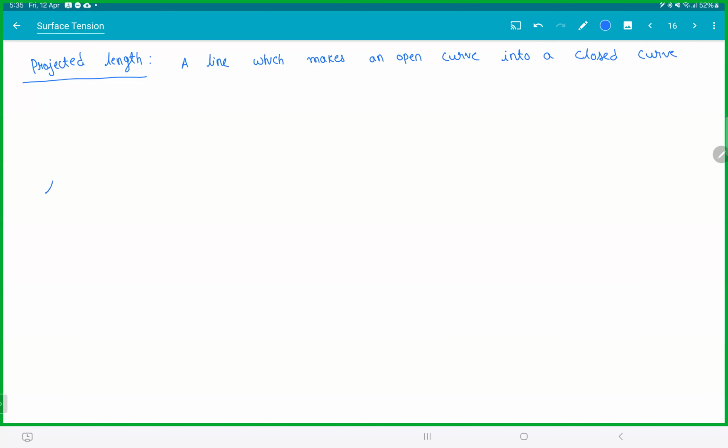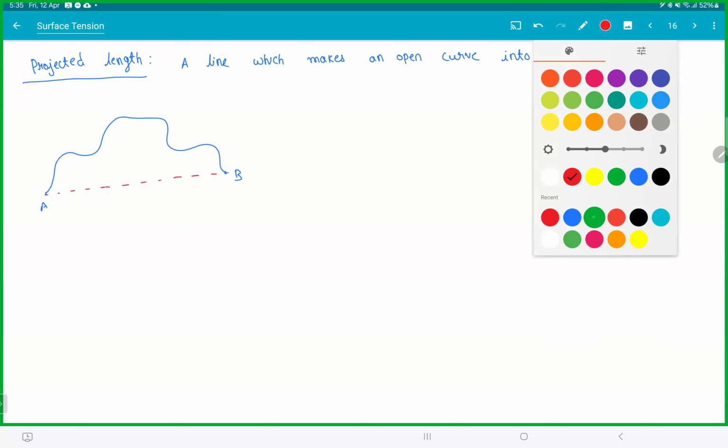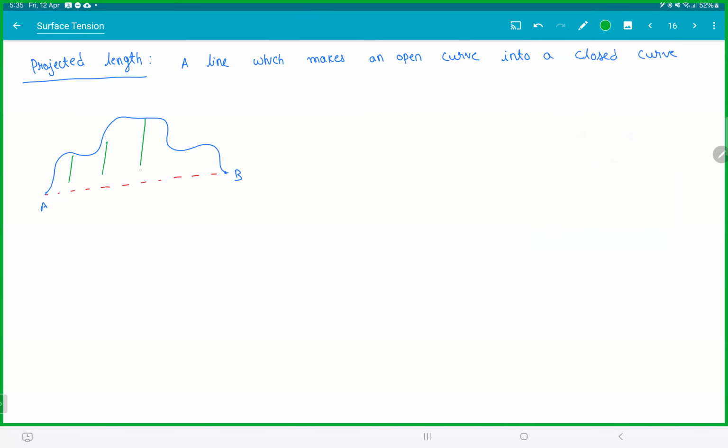That means you take any random amoeba shape from point A to point B. So just join the line AB here. And if you have a soap film inside, the force on the curved wire is given by surface tension into length of AB into 2 times, because there are two surfaces. This L_AB is your projected length.